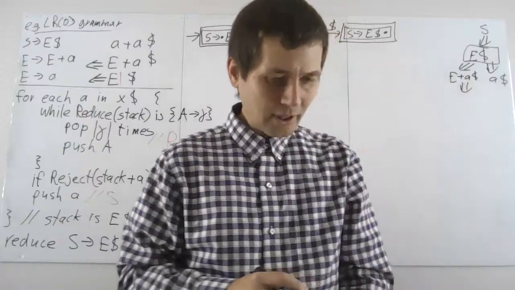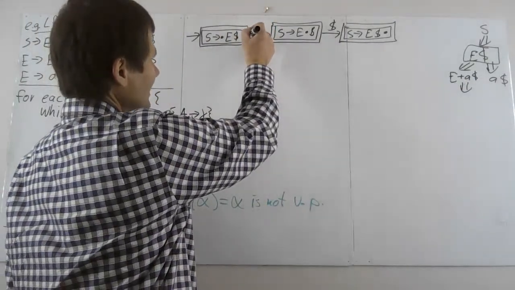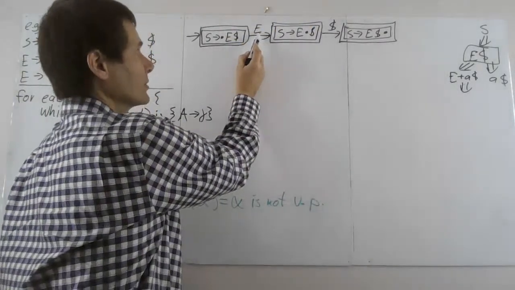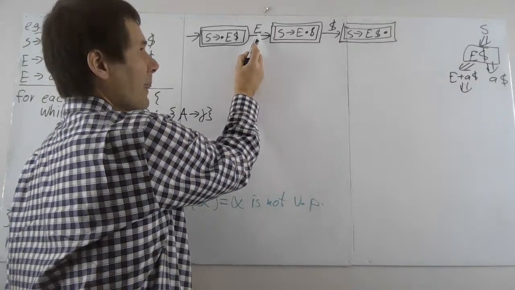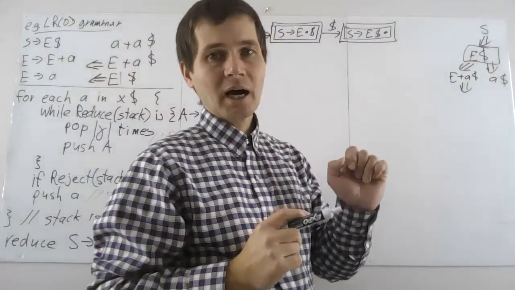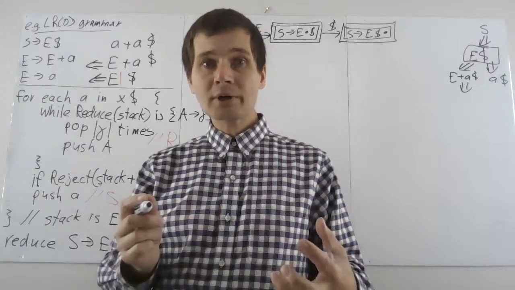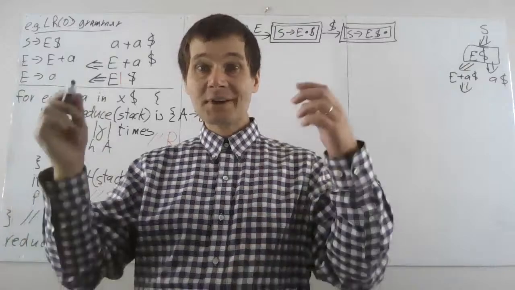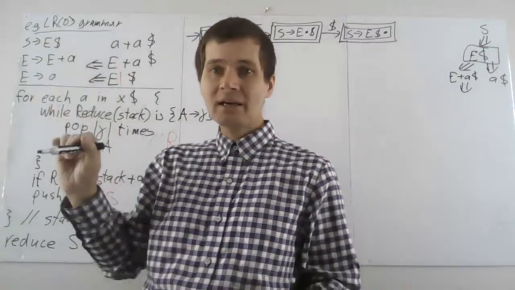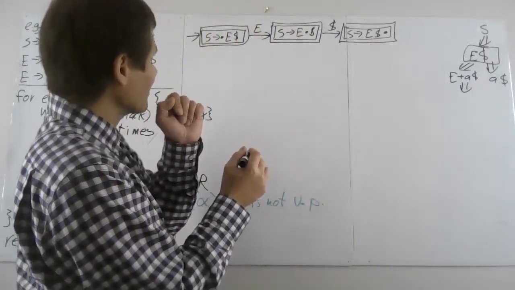E plus A $ or A $. And these two ways stem from the fact that I have this transition in my NFA that has a non-terminal symbol on it, this non-terminal symbol E. Every time in the grammar that I see an E show up, I'm always allowed to apply these two production rules to that E. So in other words, if there's ever a viable prefix with an E in it, then replacing that E with E plus A, or replacing that E with A, should also give me a viable prefix.